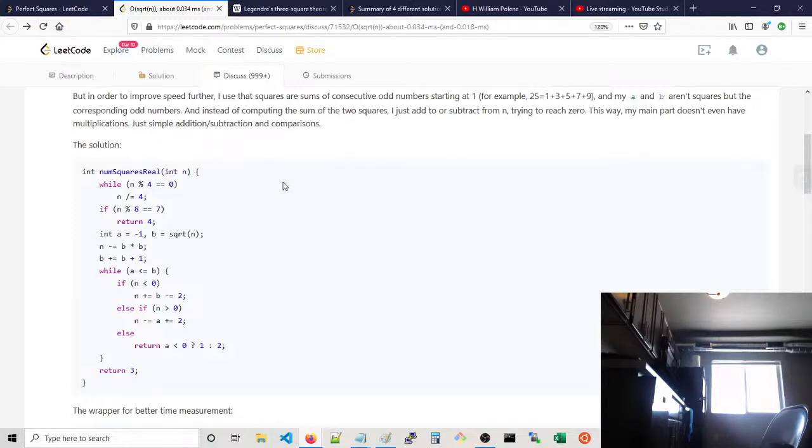And I think what Mr. Pachman was suggesting is that i times i and that j times j could be represented as the sum of odd numbers from 1 to some value, which I don't recall actually how you figure out.